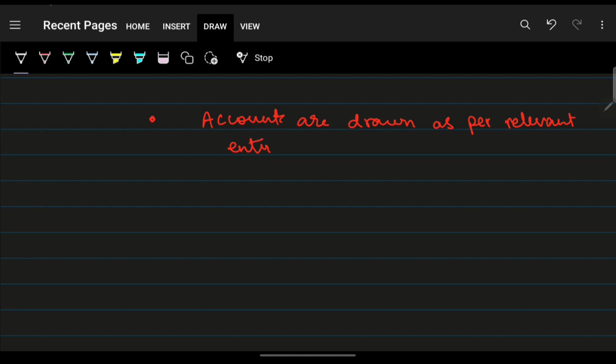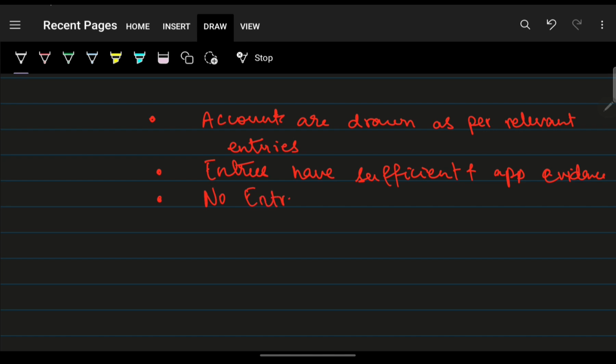Next, entries have sufficient and appropriate evidence. No entry has been omitted.